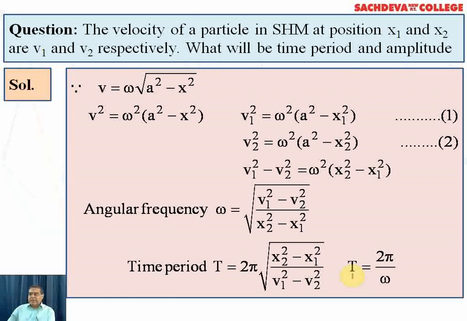Then we can estimate the kinetic energy at the mean position and at the extreme position. At the extreme position the displacement is maximum, so x can be replaced by a, and at the mean position the displacement is minimum, so x can be replaced by 0, and we can come to various conclusions.